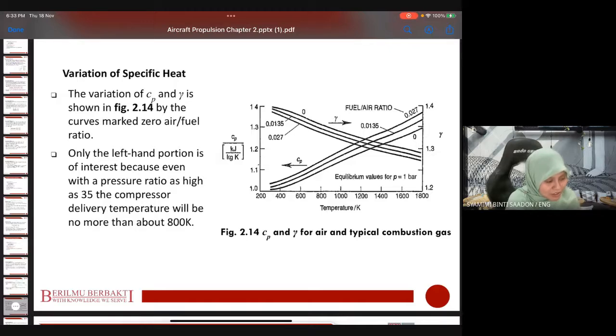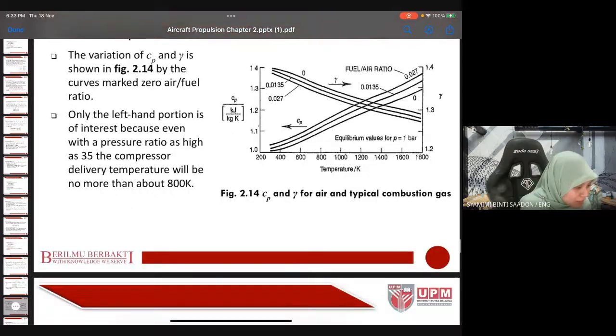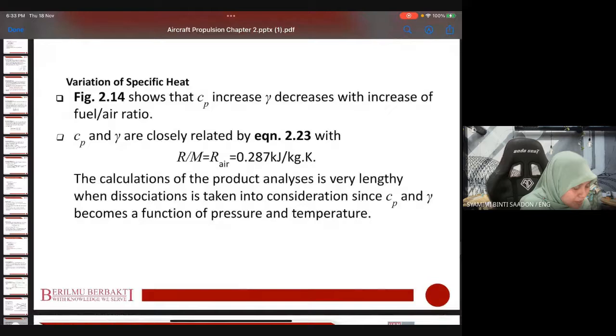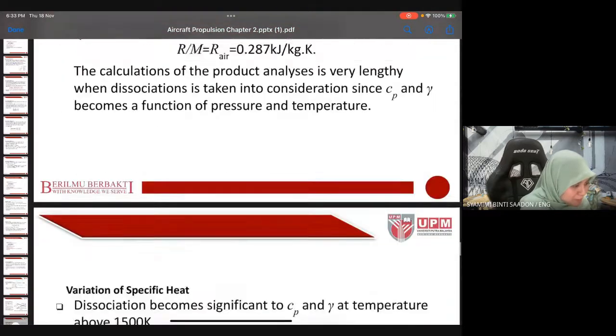Gamma, however, will decrease if we increase the temperature. So the variation of specific heat: Cp increases, gamma decreases.